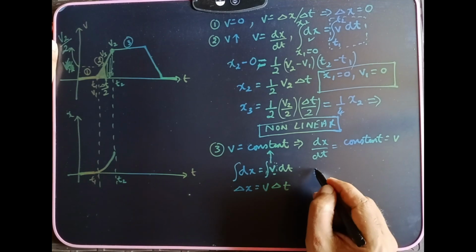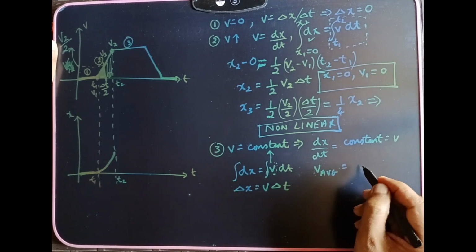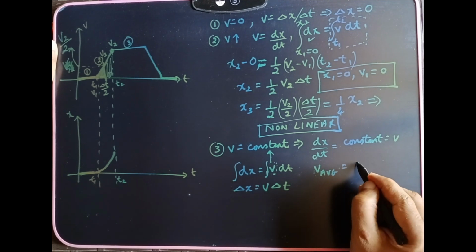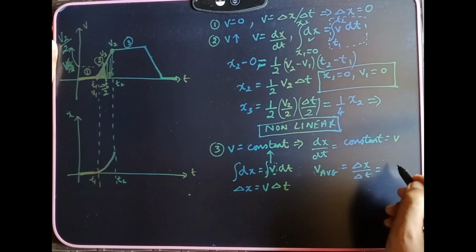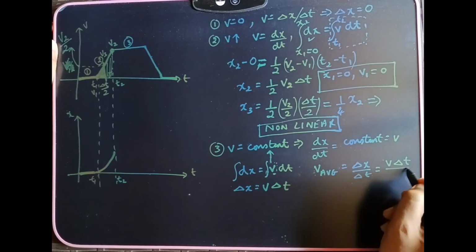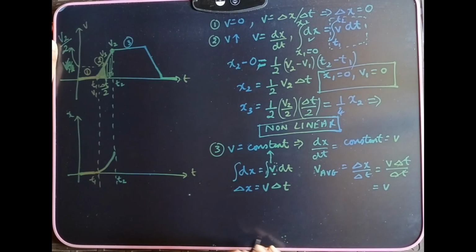right? So what is the average velocity? Average velocity is delta x by delta t. And delta x is v delta t, divided by delta t. This will become equal to v.